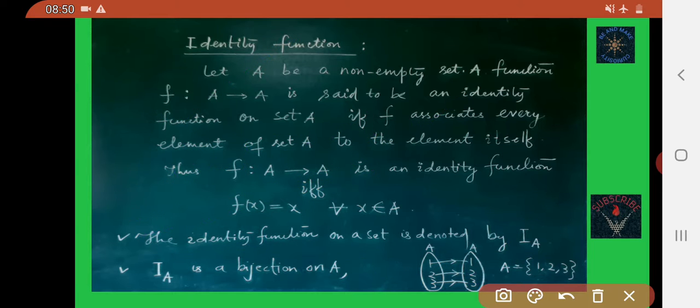So I_A is a bijection on set A. Understood? Remember the definition of identity function. What is an identity function?